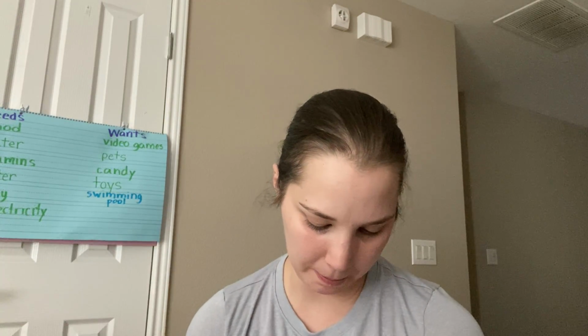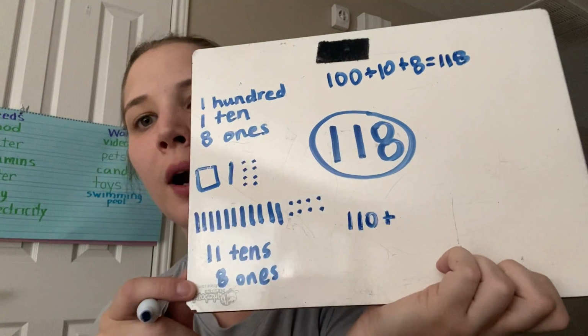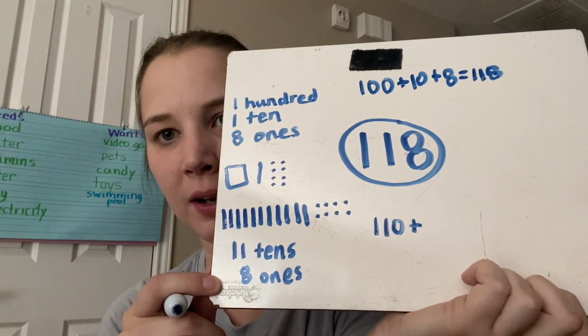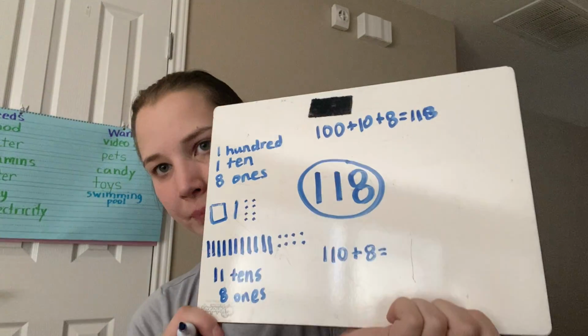So I'll write 110 plus, and then we just have one more place value here, and it's the ones, and there's 8. So we'll just write 8. Plus 8 equals 110 plus 8 equals what? 118.